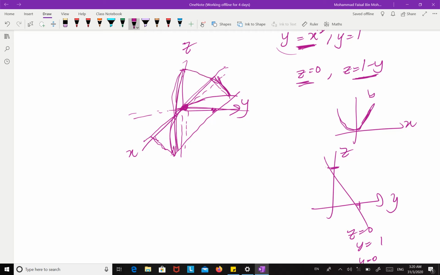Can you see it? Sometimes you have to draw it smaller. Then I have to draw it smaller so that you can see.